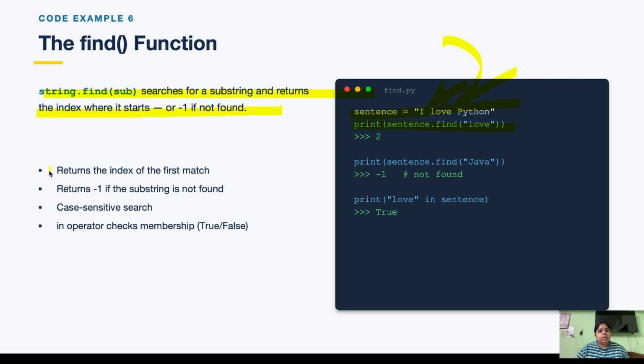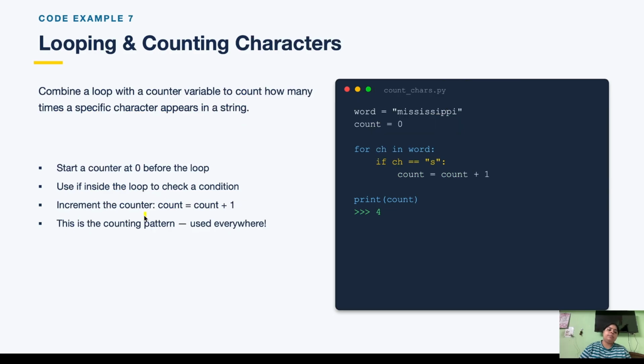Next, it returns the index of the first match. When you're finding something in the sentence, it will give you the first letter index of the word love, right? It returns -1 if the substring is not found. If something is not found, it will give you -1. It is a case sensitive search, so keep that in mind.